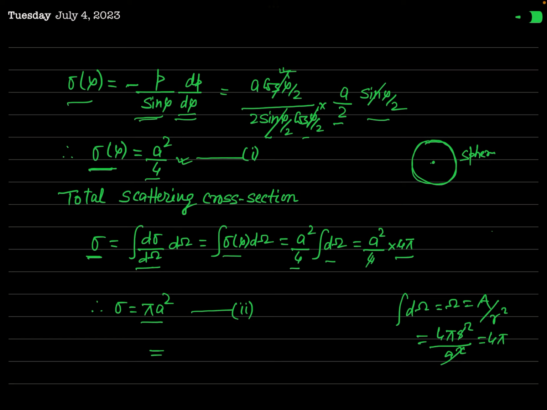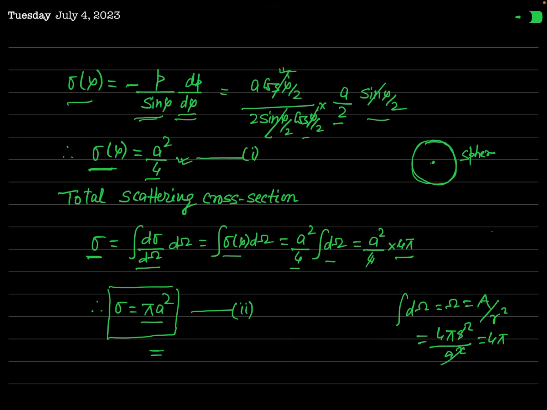Okay, and from here it can be seen that the dimension of this scattering cross section is the dimension of area. Okay, so this is a very important problem.